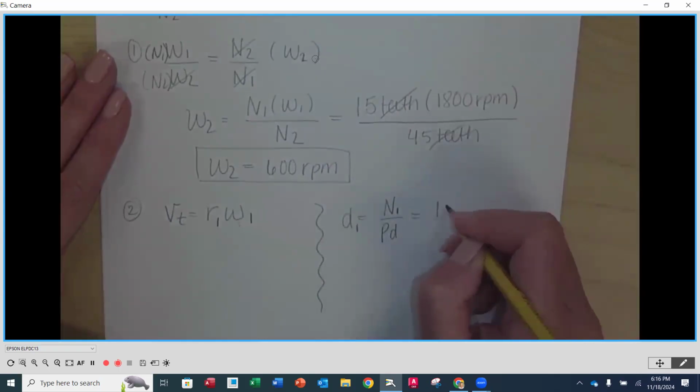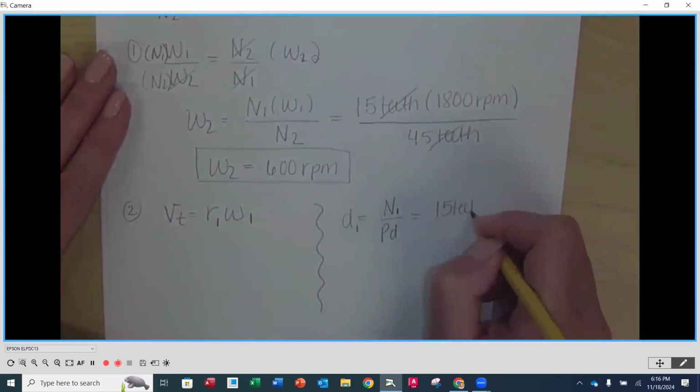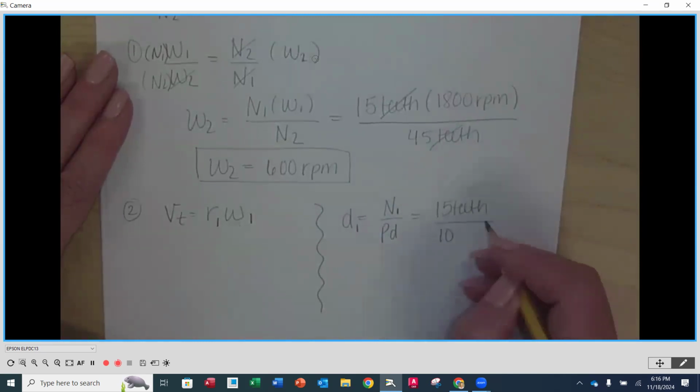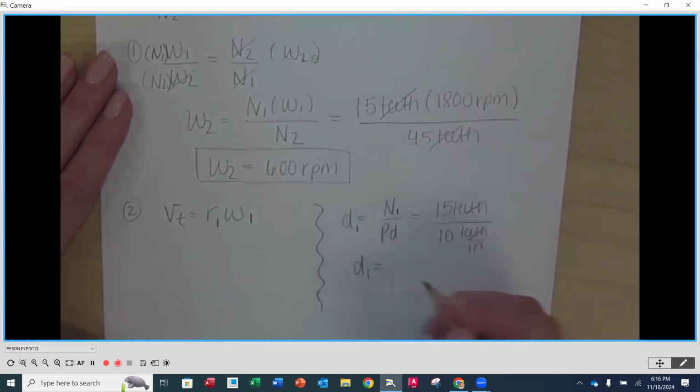So the number of teeth on our pinion is going to be 15 teeth. The diametral pitch is going to be 10. But remember, you have to add the units, teeth per inch. Teeth cancel out, inches is going to multiply up. And D1 should be 1.5 inches, okay?